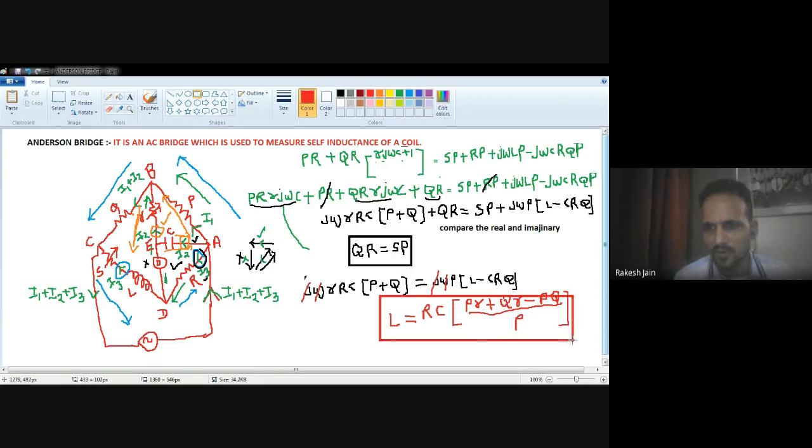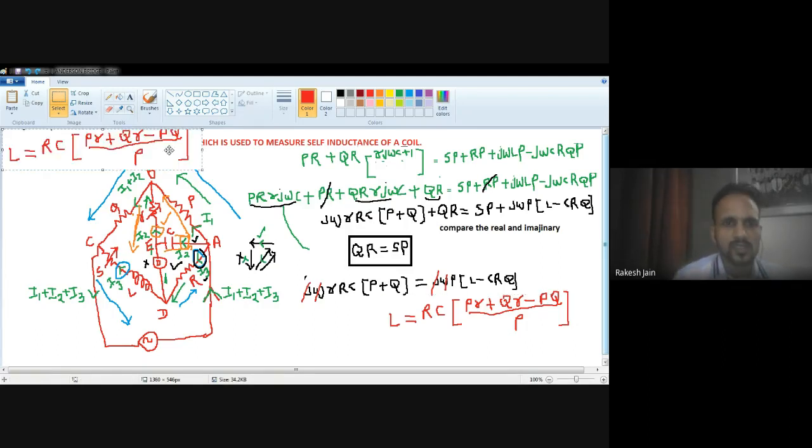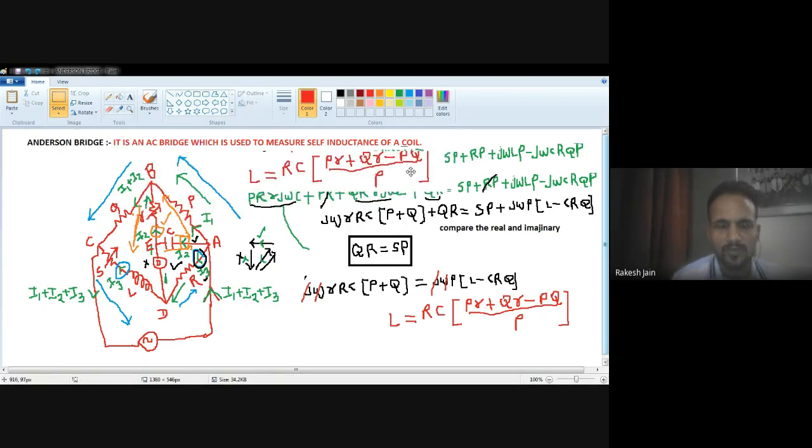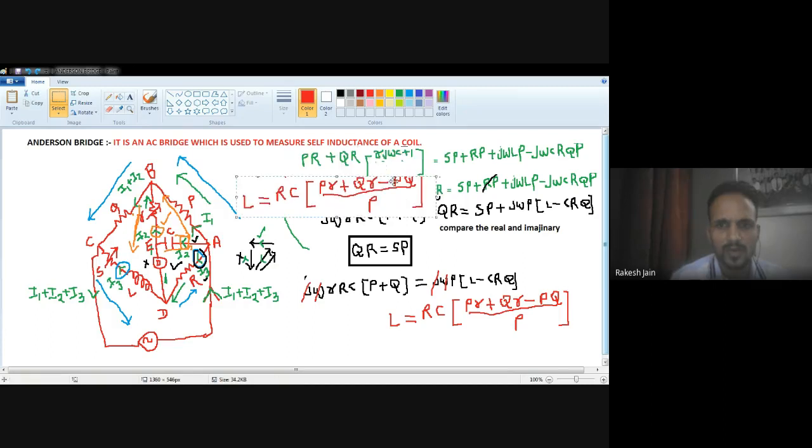This is the final formula for the self-inductance of a coil, which I just encircled. So this is the self-inductance of a coil. We can easily determine it with the help of the Maxwell equation.